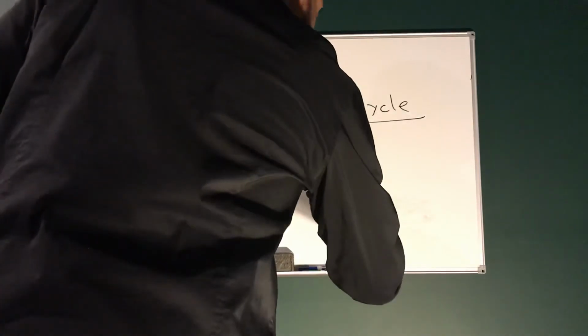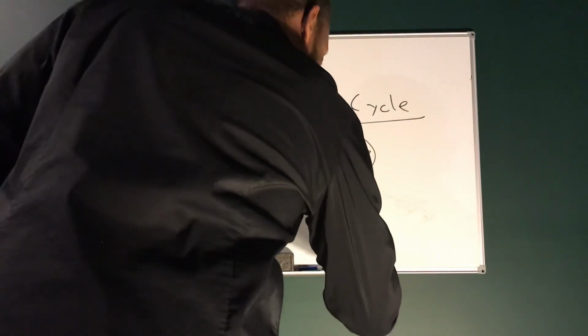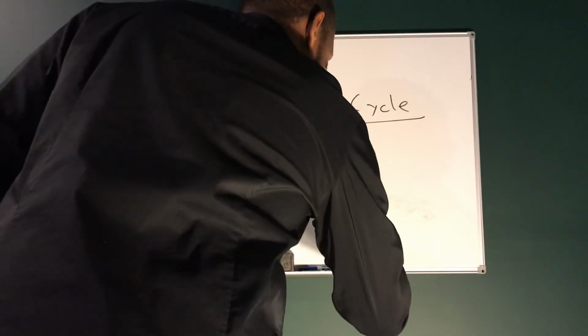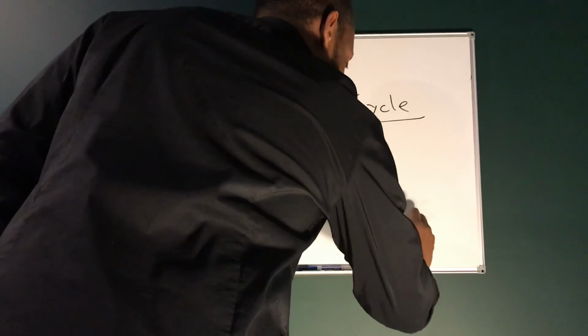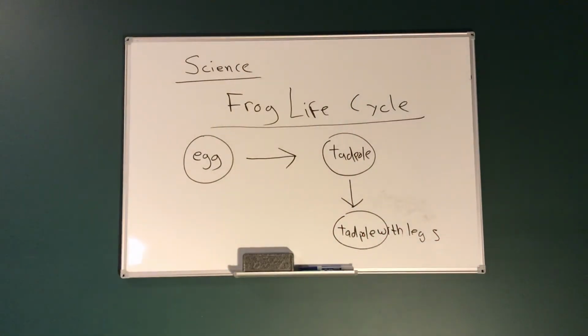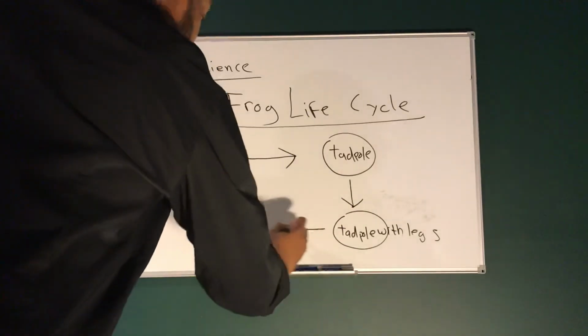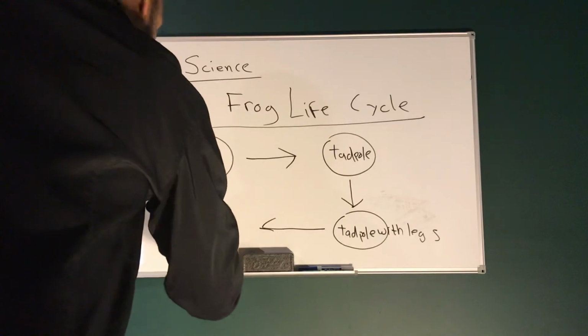After a tadpole, you'll notice that a frog begins to develop lungs and becomes a tadpole, but a tadpole with legs. And then in the final stage of a frog's life as an adult, it becomes a frog.